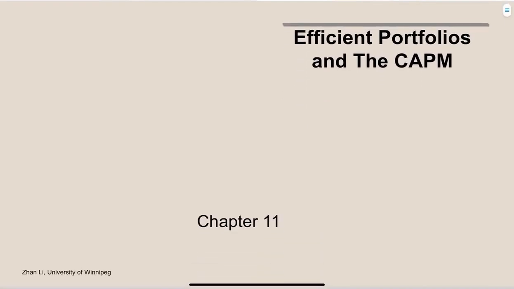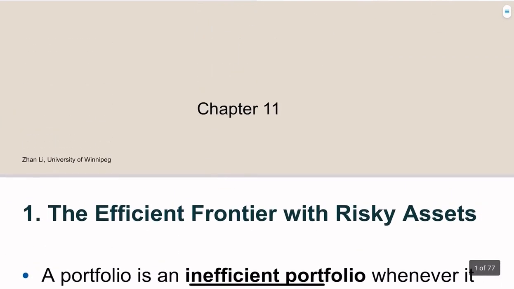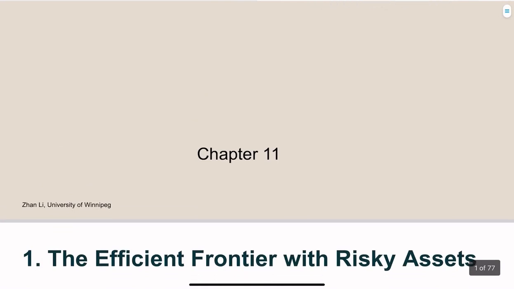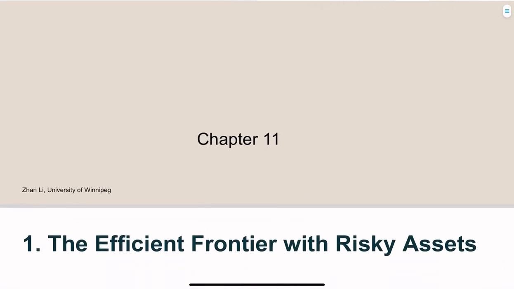This chapter is about efficient portfolio, and based on efficient portfolio, we will actually derive CAPM. CAPM is short for Capital Asset Pricing Model. This is a very important model. It's a very basic model that helps us calculate the cost of capital. And you can see that this chapter is basically based on chapter 11.